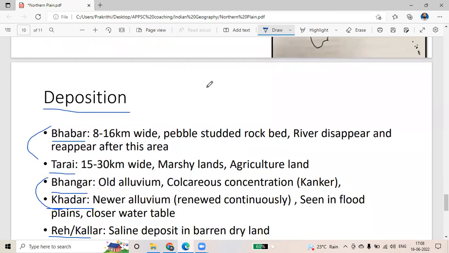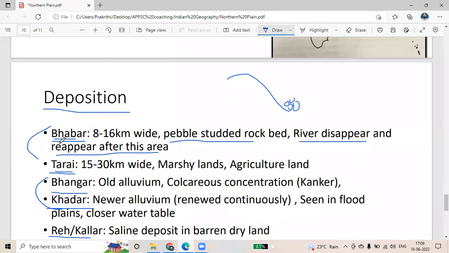I said about the chaws and the mand. Actually, in general, for the same, we use two other terms, that is Babar and the Tarai. The pebble-studded rock bed where the river disappears and reappears after this area is known as the Babar. So पहले हम when we studied about the western plain, I said about the chaws and the deposition के बारे में बोल दिया था, pebbles and cobbles का deposition.